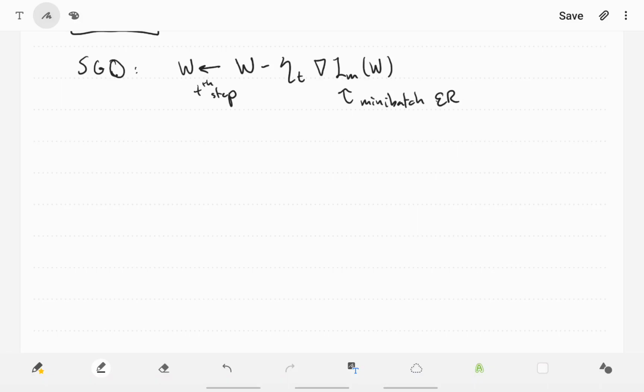Now, this is obviously not the only choice we could have made for how we modify the W given a gradient update. So you might have seen in some convex optimization, smooth convex optimization, the use of Newton's method, where instead of a fixed step size, you replace that with the inverse of the Hessian or some surrogate of the Hessian.